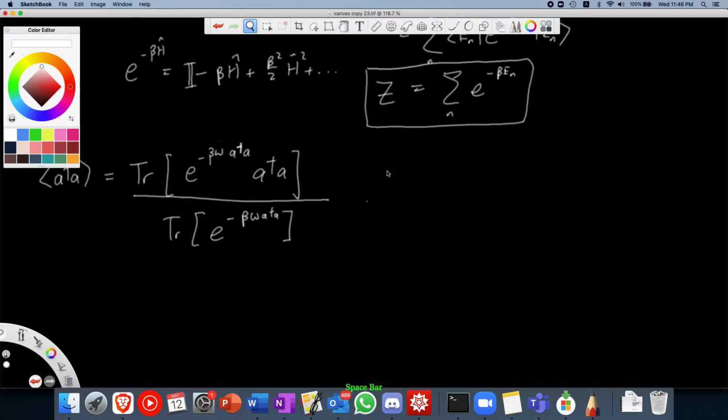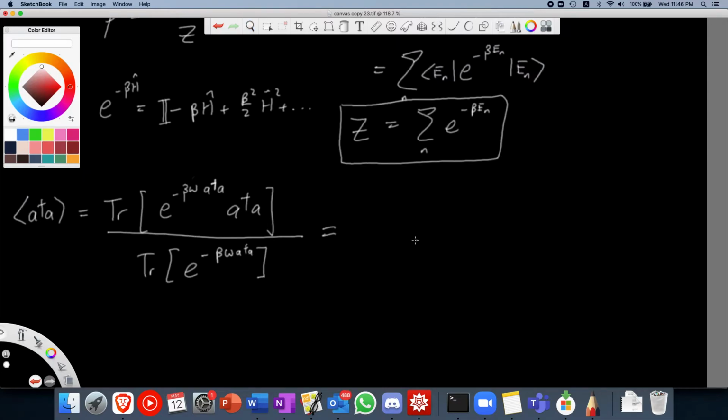And okay, so what does the denominator simply give us? A summation over n, and we can choose minus beta omega (n plus half).